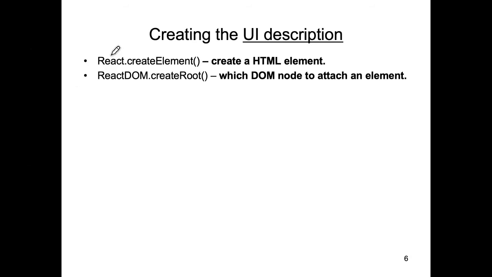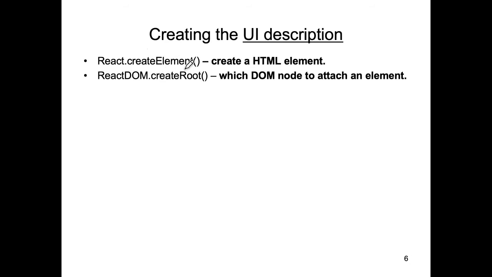And at its very simplest, the React package provides a function called createElement. And what we use that function for is to create an HTML element dynamically in our code. So that could be a div tag, a paragraph tag, a button, an image tag, etc. So the createElement method does that first.